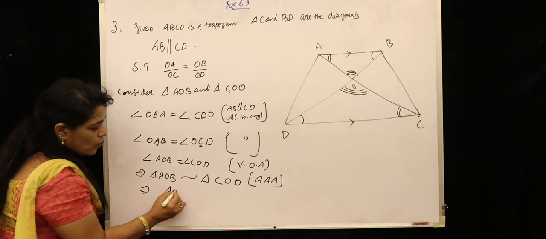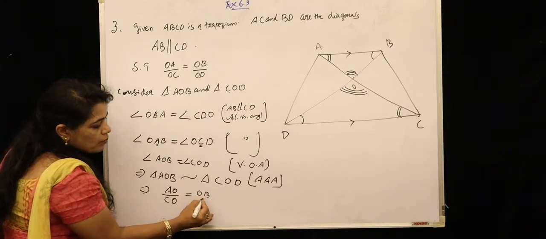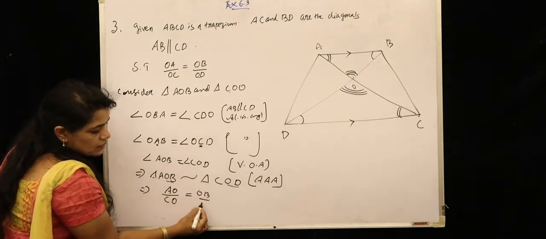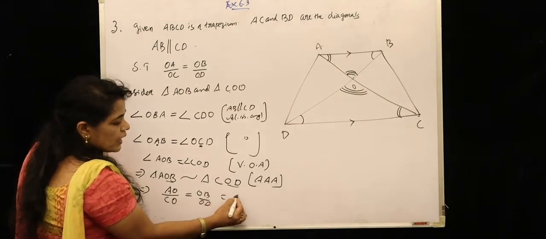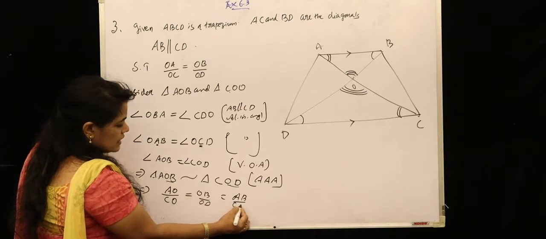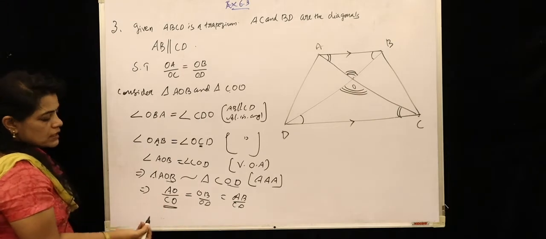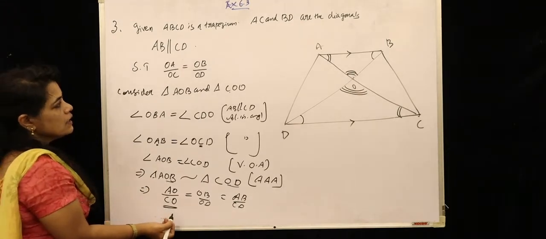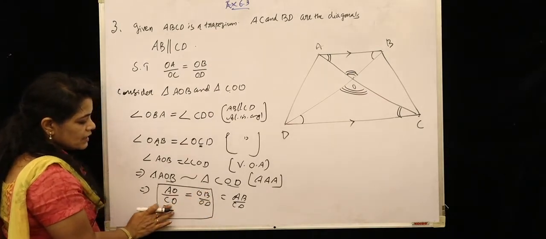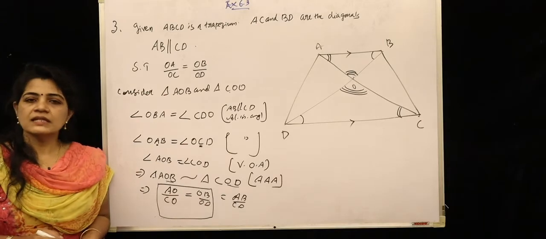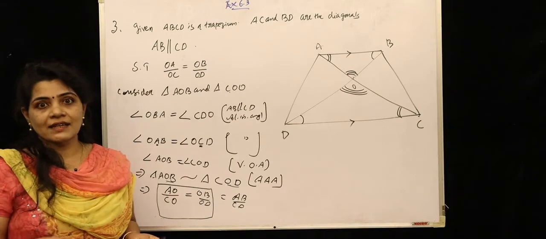Here AO divided by CO equal to OB by OD, so second and third, OD, and that is again equal to AB by CD. But what we need is OA by OC equal to OB by OD. We need only the first two relations. Hence you can easily reach the required answer. This is the way to show that these two sides are in proportion using the similarity criterion.